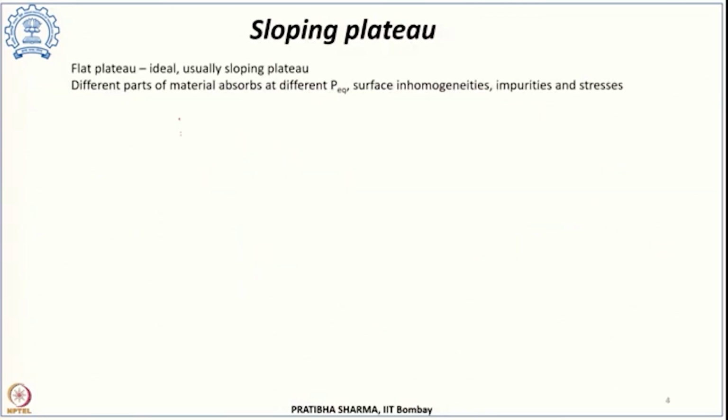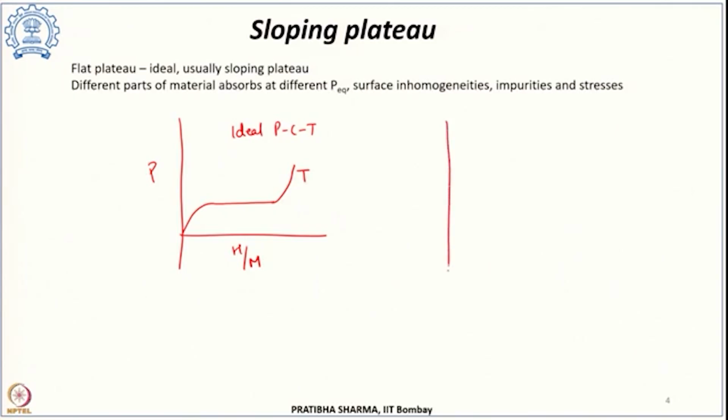Now, ideally what we should get is a pressure composition isotherm with a flat plateau. So this is how we get the ideal pressure composition temperature isotherms at a particular temperature. Some of the hydrides still show this flat plateau, but for most of the hydrides a sloping plateau is observed, and the pressure continues to change when we plot pressure with the concentration.